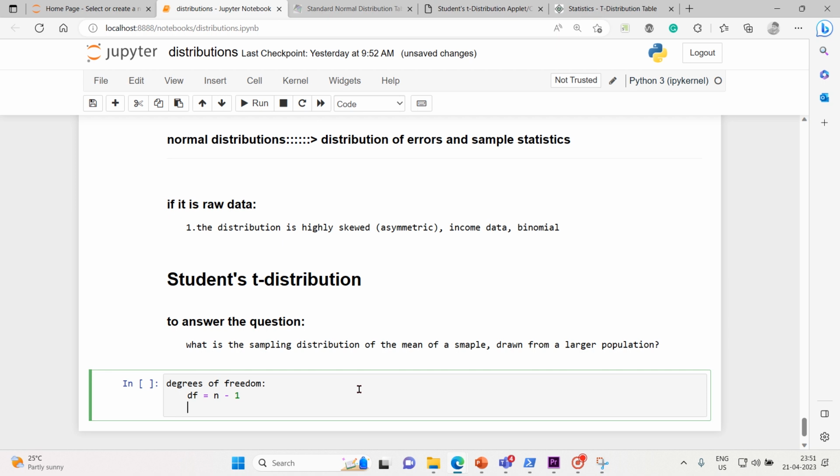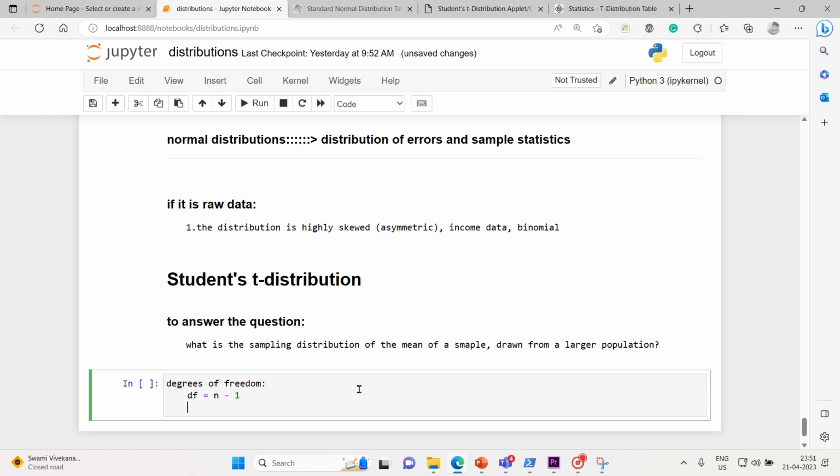How many degrees of freedom a link or an element has tells in how many axes it can move. Very simple. The same thing applies here also, but here instead of the element you take the values in the data set.